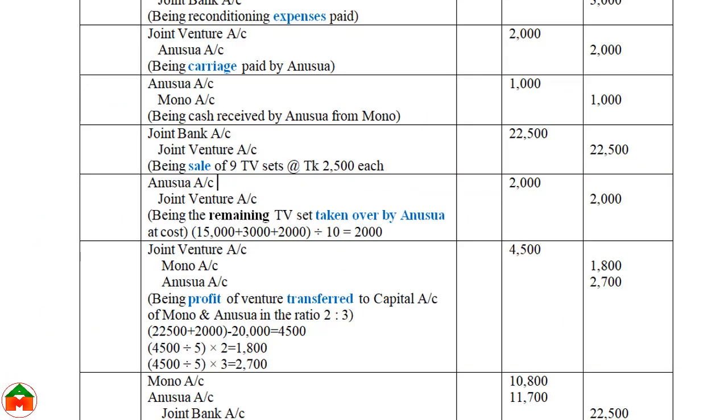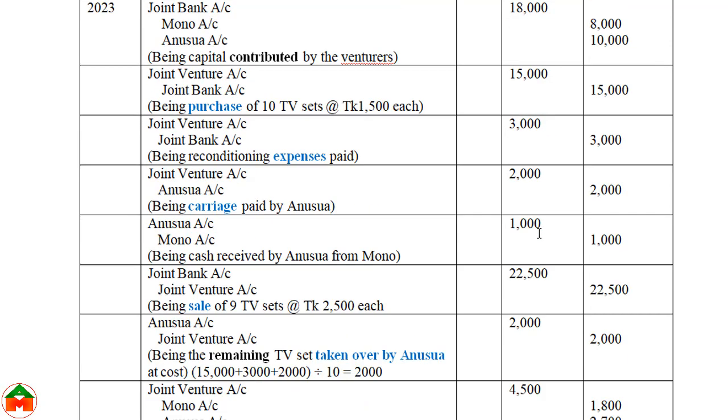The journal is Anusha debit 2,000 and joint venture account credit 2,000. So how have we calculated this 2,000? We have learned that they purchased the televisions by paying 15,000. There was an additional cost of 3,000. You can see this is the 3,000 for reconditioning expense.